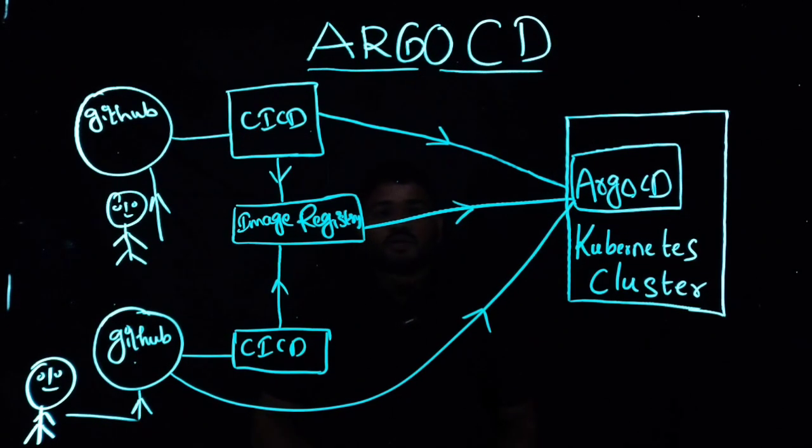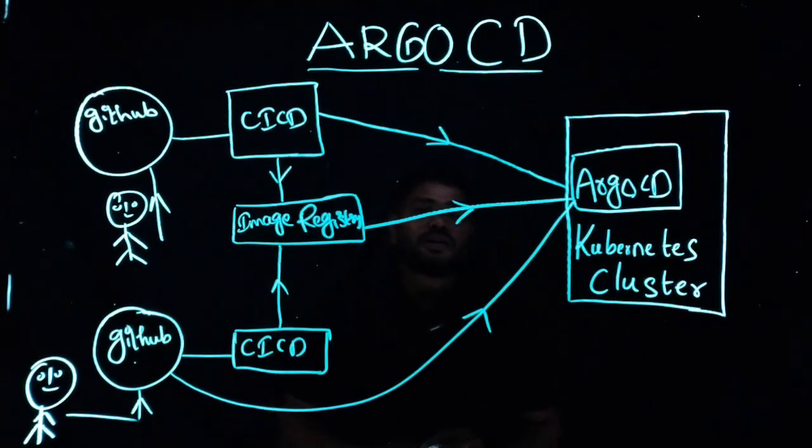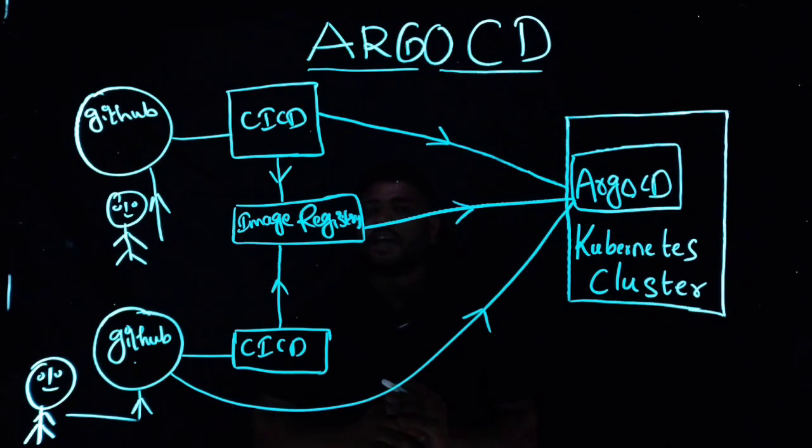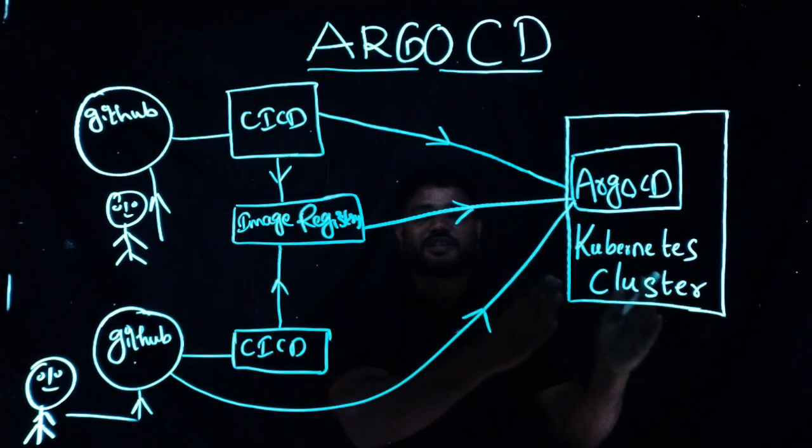So when compared to the normal Jenkins deployment into Kubernetes and the ArgoCD deployment, in a Jenkins CI/CD you are going to specify all the sensitive information of Kubernetes, and you need to add all the cluster information, everything, on Jenkins. But with ArgoCD, you're not specifying anything about your Kubernetes cluster information.